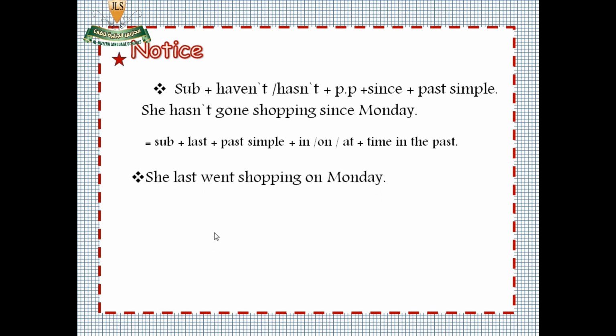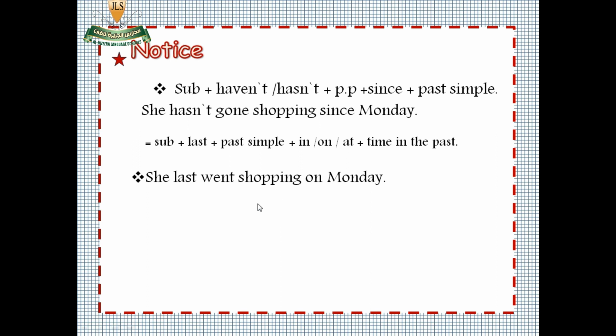For example, she last went shopping on Monday. So if I have she hasn't gone shopping since Monday, I want to use last here. So I will say she last went shopping on Monday.